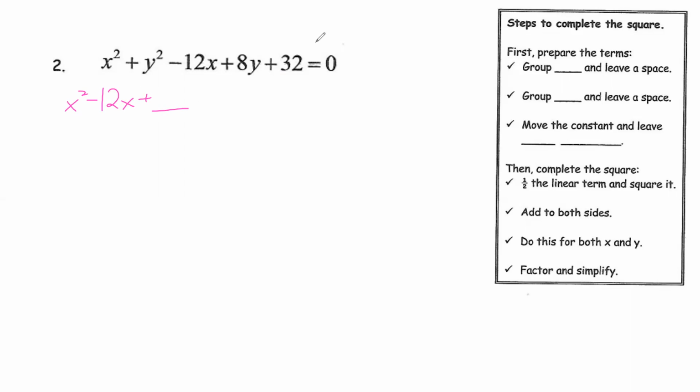For the y's, we have y squared, you have 8y, and then again you're going to have some unknown value. For the constants, we'll move the 32 over to the other side. And we're still going to have 2 blanks there, 2 spaces.